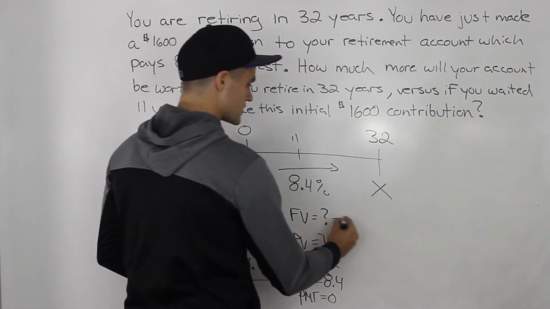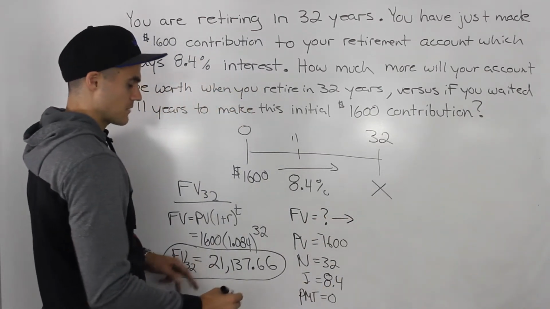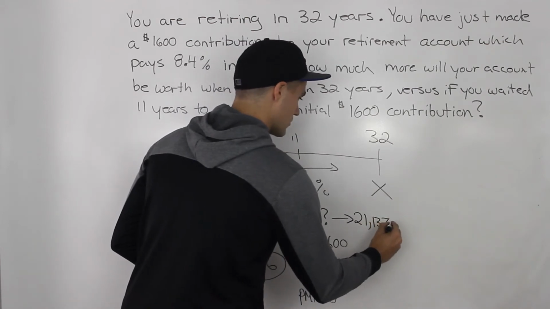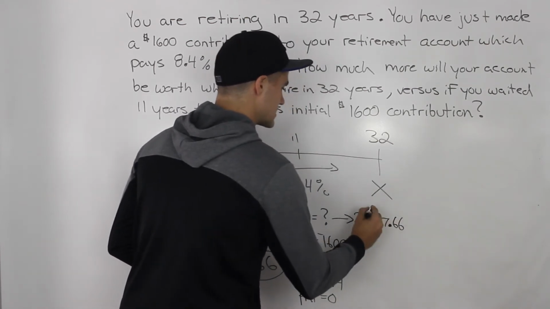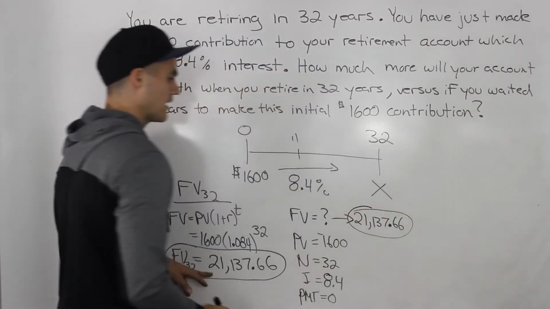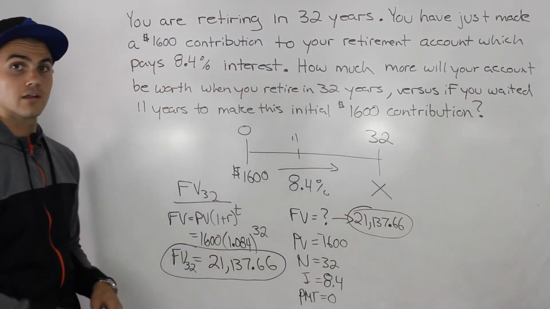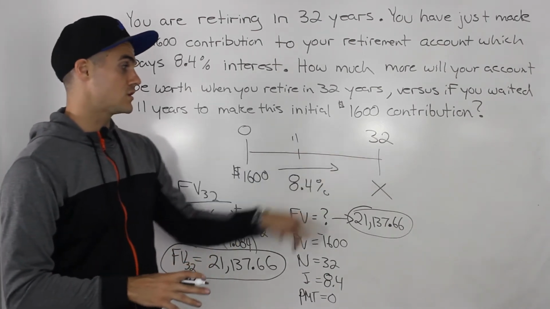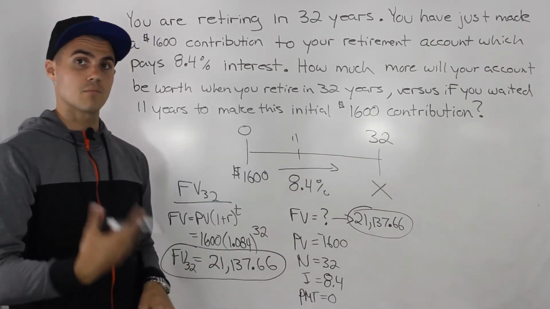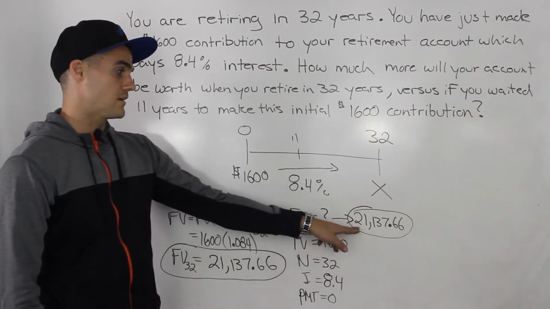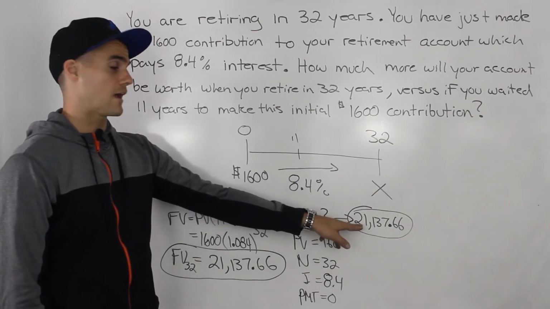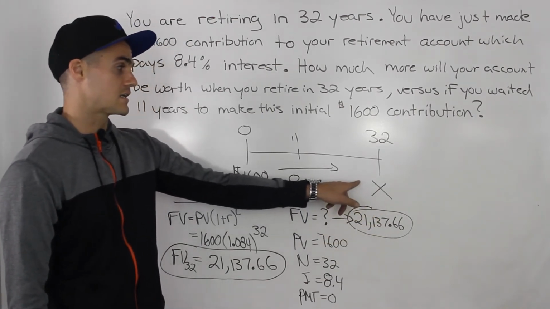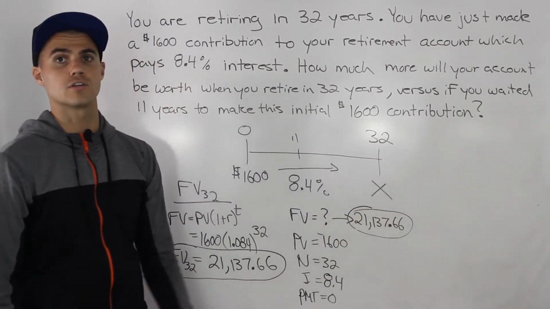So when you solve for this future value, you would end up getting this same amount here. It would be 21,137.66. So either way, algebraically or with your financial calculator, if you take $1,600 today and invest it for 32 years at 8.4% compounded interest, your retirement account will have 21,137.66 when you retire in 32 years.